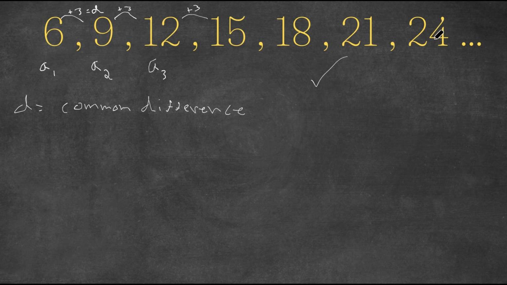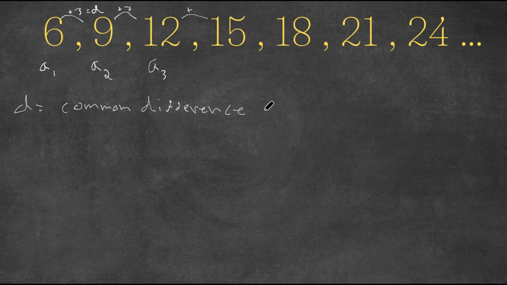However, if this wasn't 24, if this was 25 instead, then this sequence would not be an arithmetic sequence because the common difference must stay the same for the entire sequence. Even if one term changes, then that leads to the entire sequence not being an arithmetic sequence.